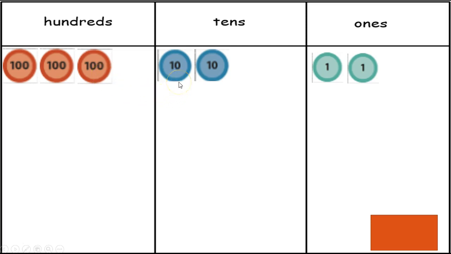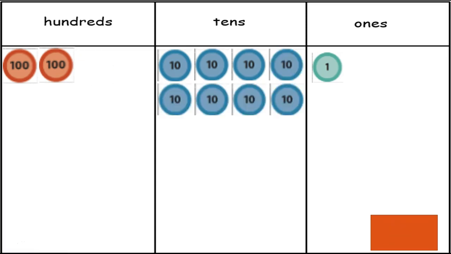Now we're going to skip count by tens from 300. 310, 320. Now let's go to the ones. 321, 322. So our total number here is 322.